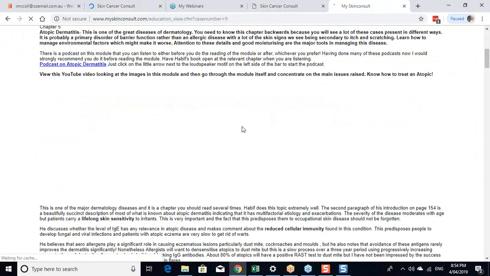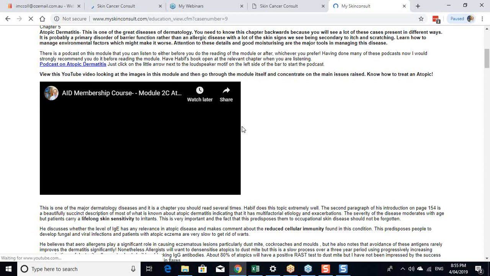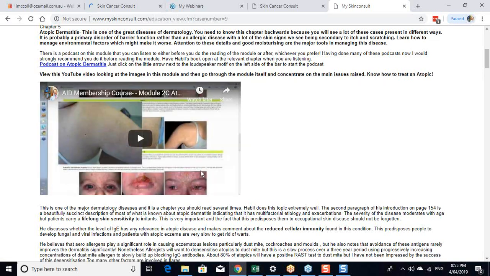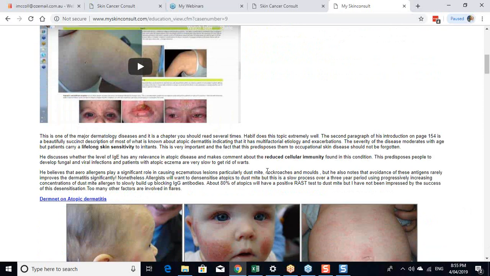They lack the ceramide molecules that normally fill in between the keratin in the surface of the stratum corneum. And so they are much more susceptible to injury, to fluid loss, and to the penetration of antigens into the skin. So it's this loss of barrier function that's the most important feature of atopic dermatitis.